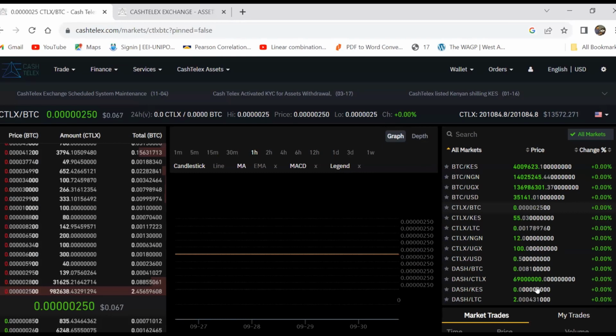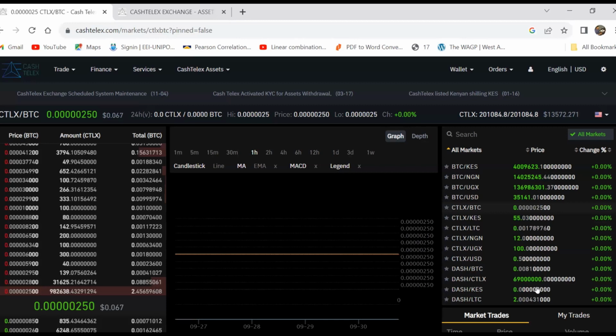So for today, we are going to be talking about how you buy CTLX with BTC, and how you sell your CTLX. We're going to start with that.